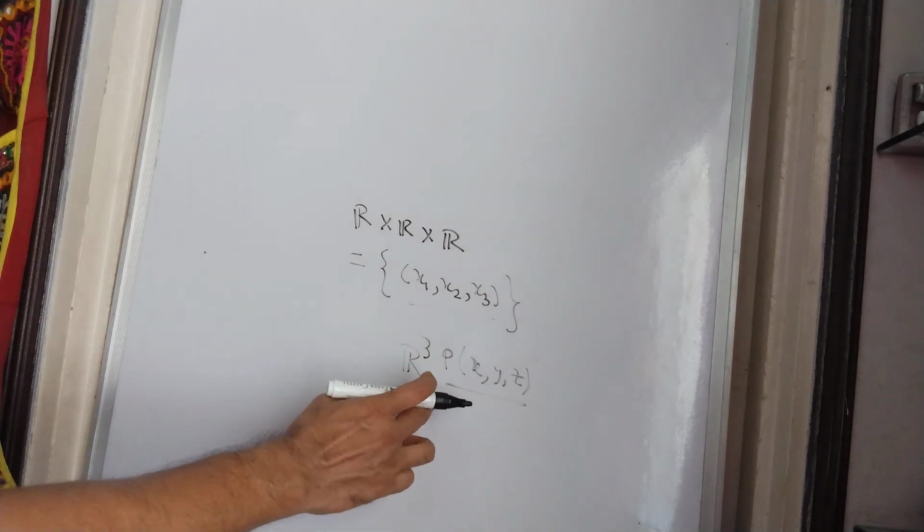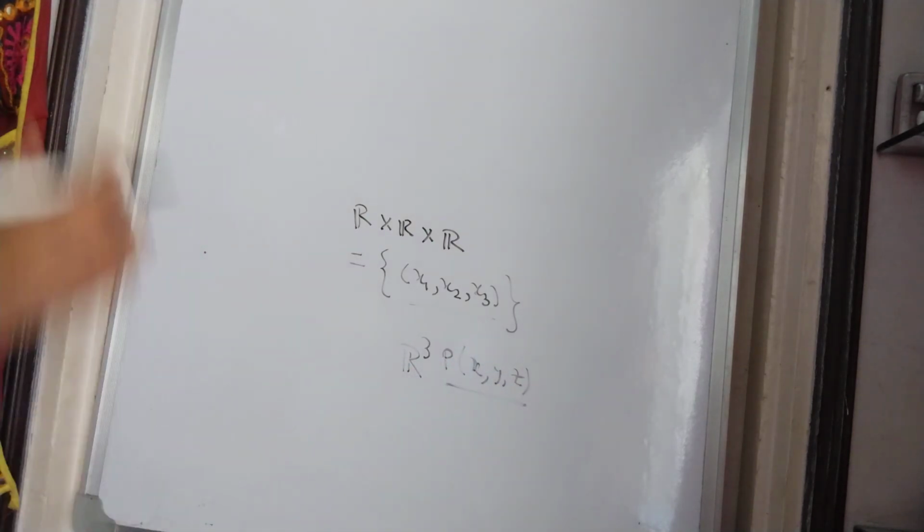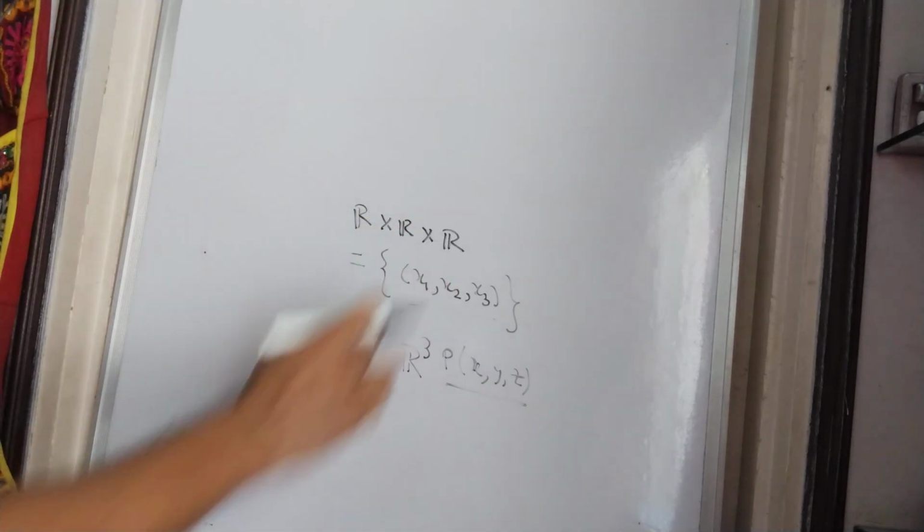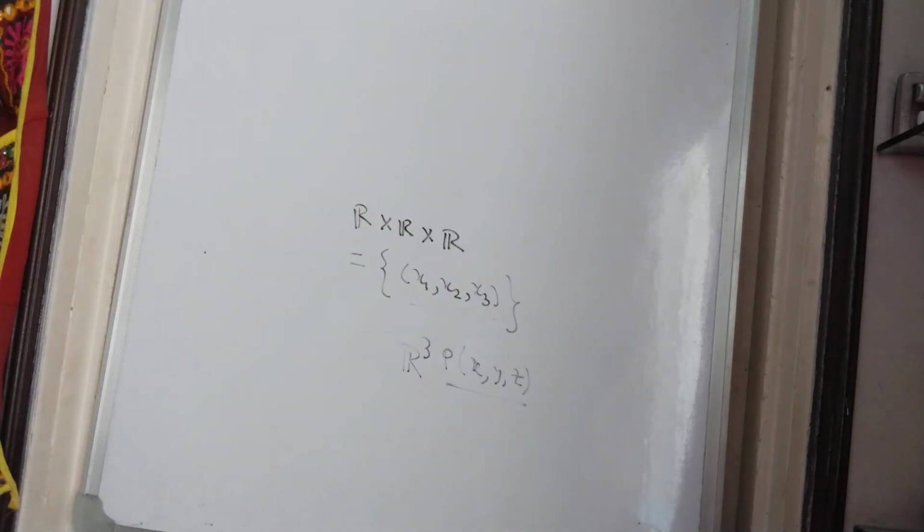Any point in R3 has 3 coordinates, and they may be taken as the Cartesian product of 3 R's. So what is the advantage of defining this type of Cartesian products?